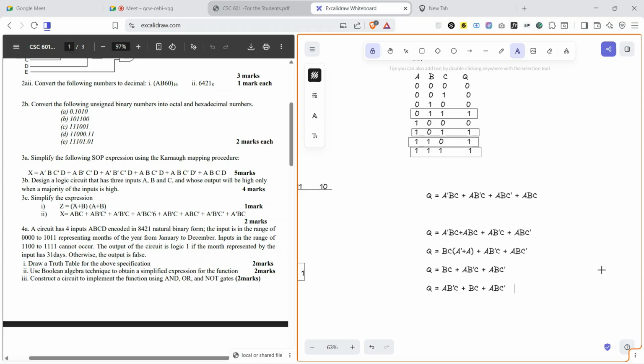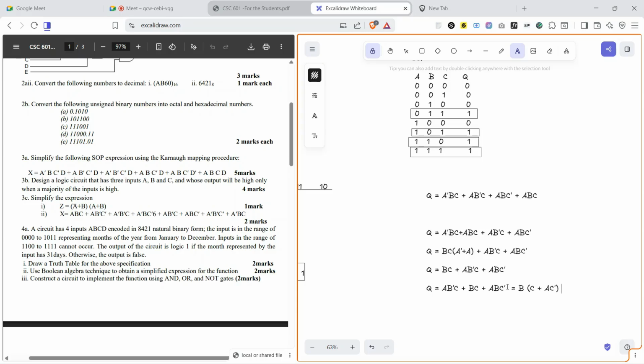This can be written as the second part, which is this part, I can write this second part as B into C plus AC bar.